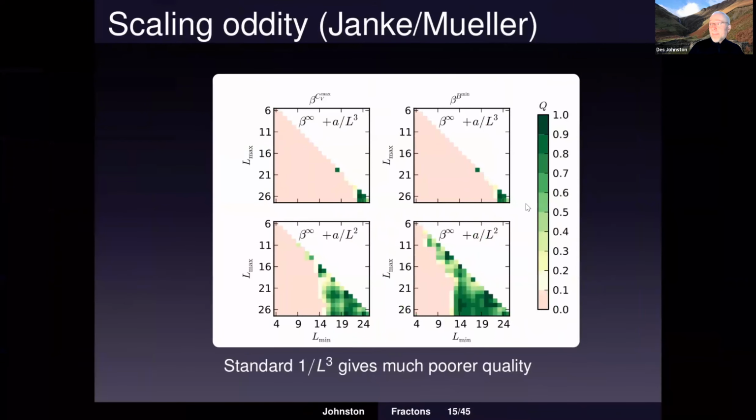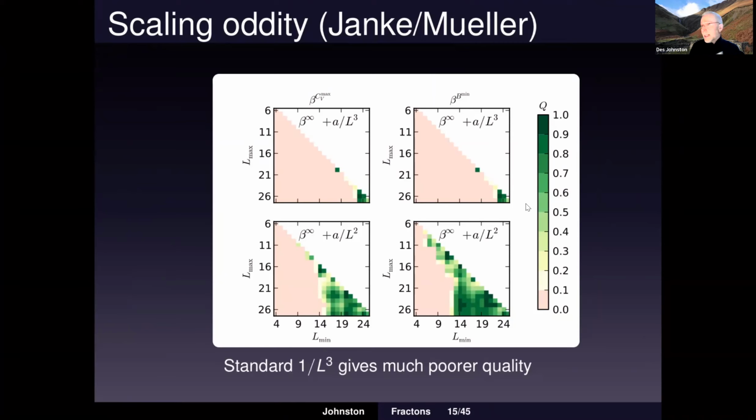Except it isn't. And there's an interesting story behind this, so I'll probably go off piste. The first really good, really careful simulations of the Plaquette Ising model on a 3D cubic lattice were done by Wolfhard Janke and a student of his, Marco Müller. The first not very careful simulations were done by me.